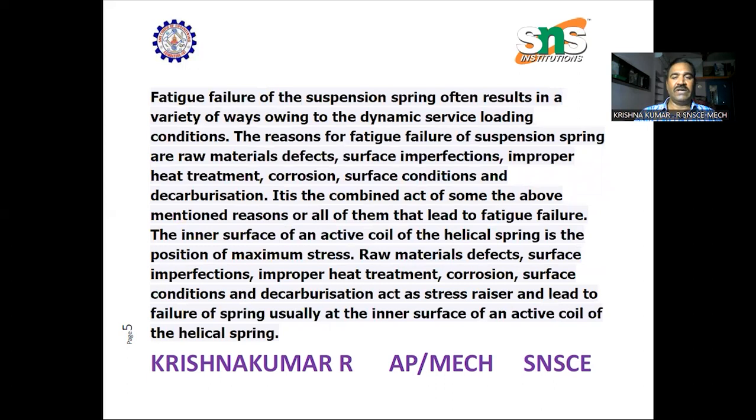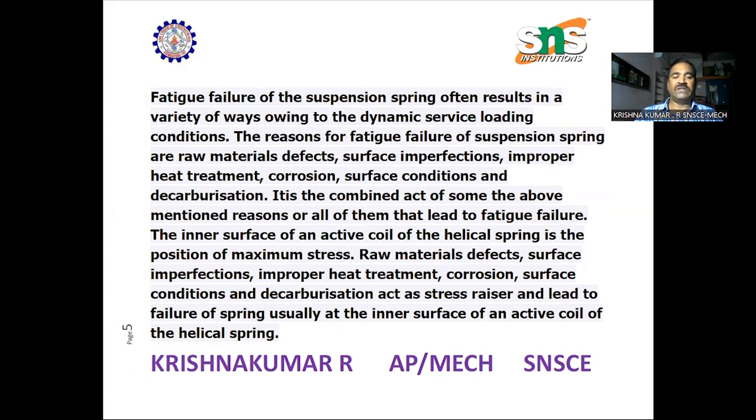Fatigue failure of the suspension spring often results in a variety of ways owing to the dynamic surface loading condition. The reasons for fatigue failure of suspension springs are raw material defects, surface imperfection, improper heat treatment, corrosion, surface condition, and decarburization. It's the combined act of some of the above mentioned reasons or all of them that lead to fatigue failure.